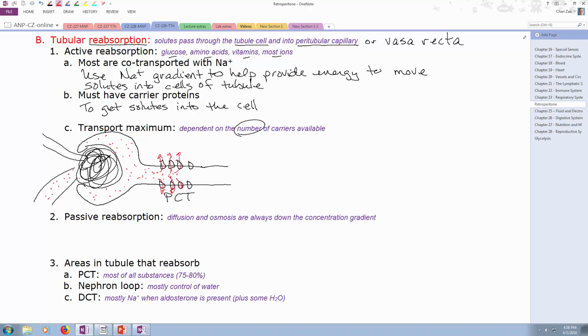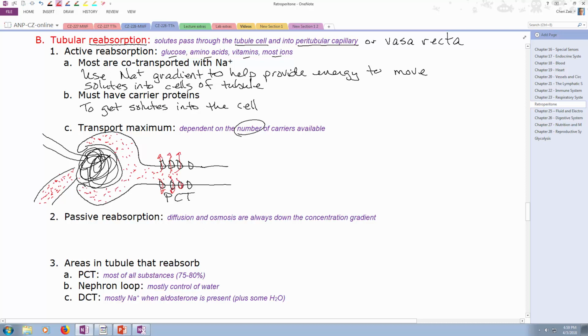People who have diabetes, one of the things that they test their urine for is glucose. What that means is that these people have overwhelmed the system, because we have only a certain amount of carrier proteins.